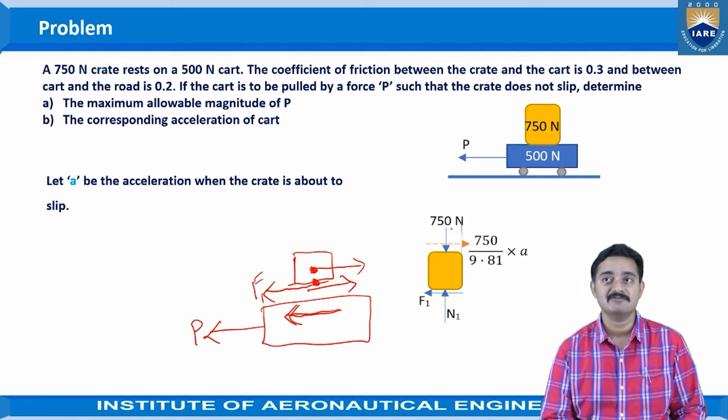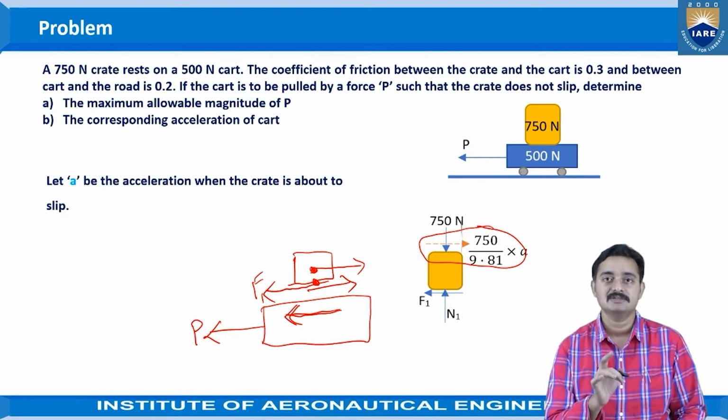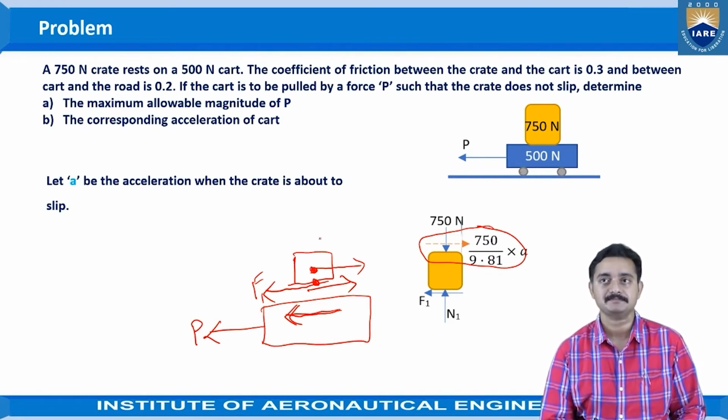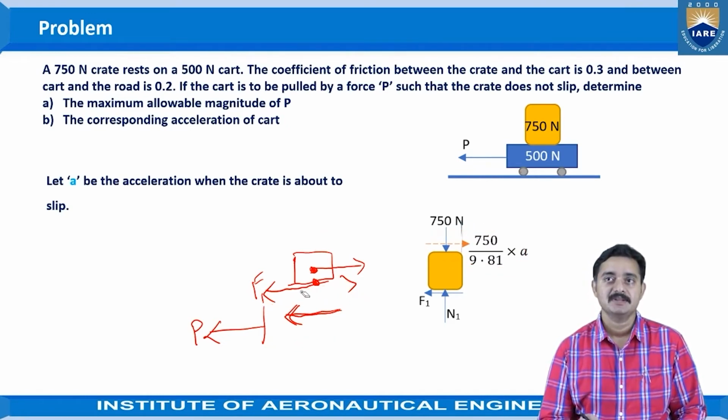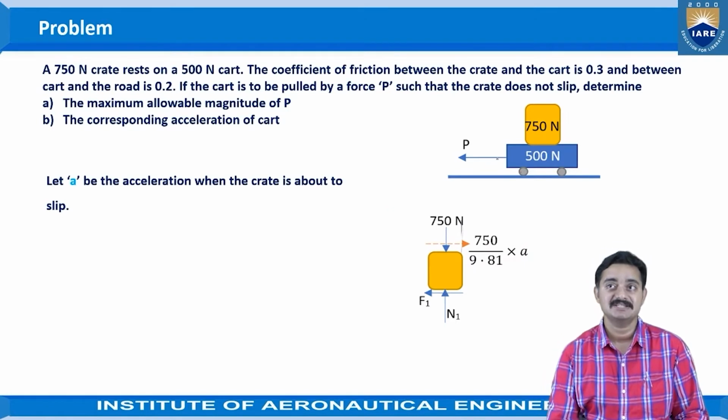Coming to the inertia force. What does inertia force represent here? Inertia force is the force which has the direction opposite to the acceleration of the object's movement. In which direction is the acceleration happening?